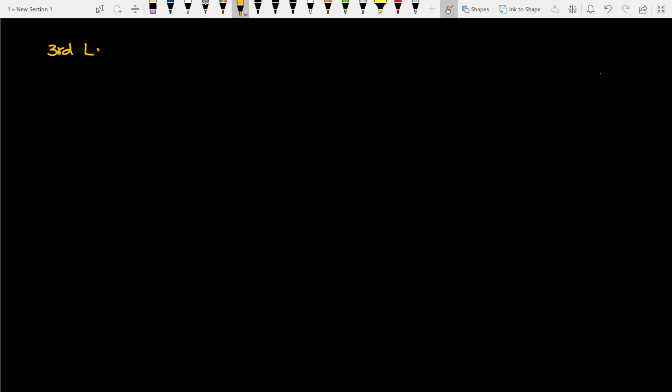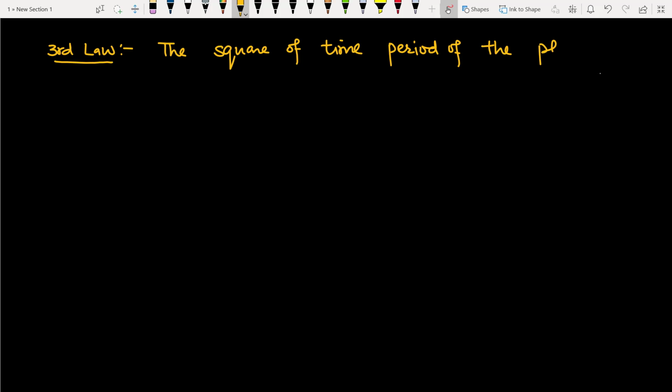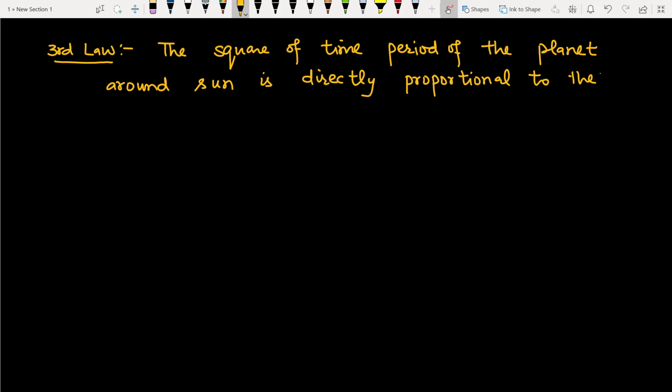Now we come to the third law. The third law states that the square of the time period of the planet when it revolves around Sun is directly proportional to the cube of the semi-major axis of the elliptical orbit.